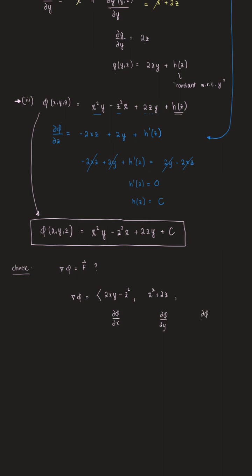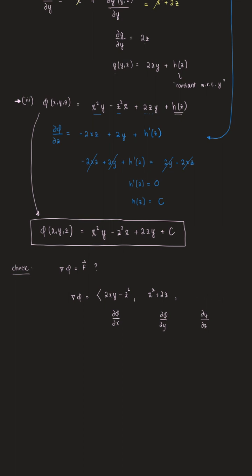And partial of phi with respect to z will be negative 2z plus 2y. Did I do that correctly? No, I missed something here. Partial of phi with respect to z.